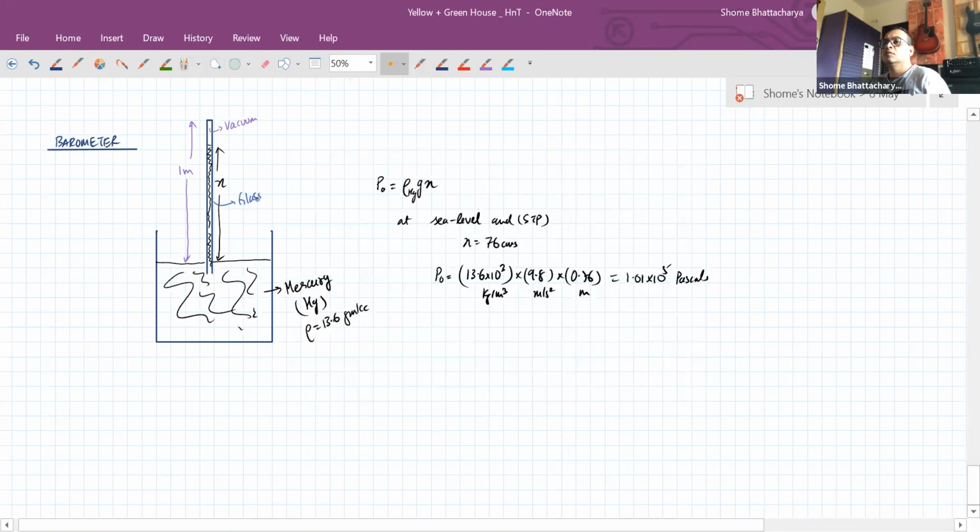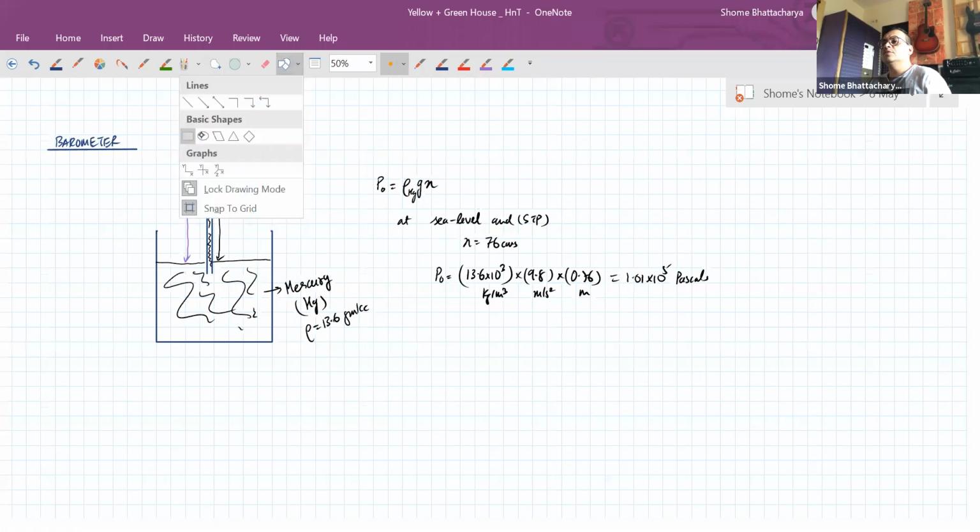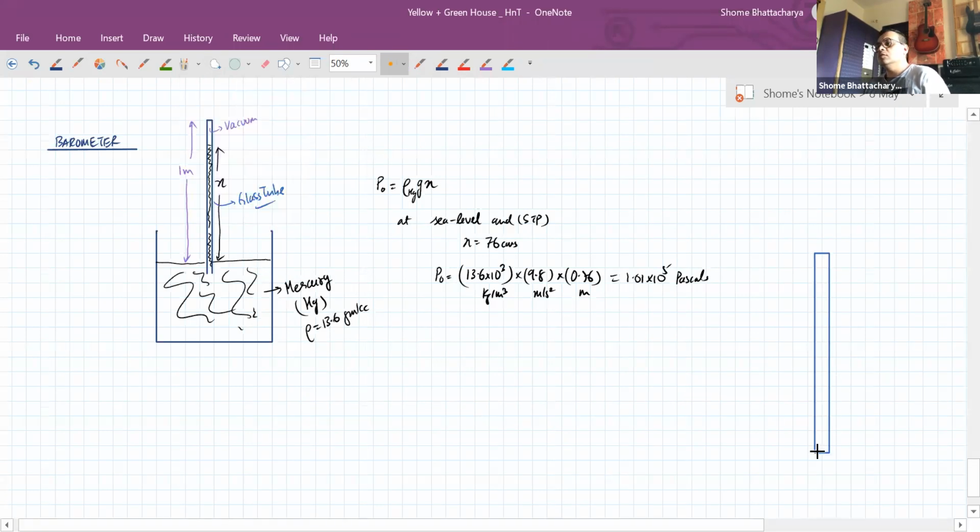So how this experiment is performed is actually, first that glass tube, this one, the glass tube, is filled with mercury right to the top.